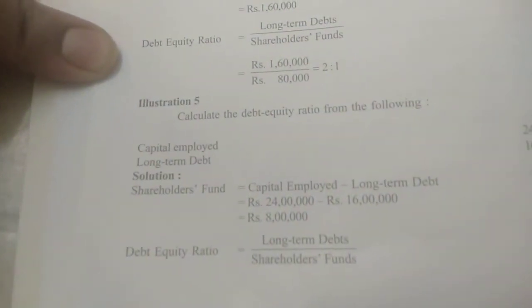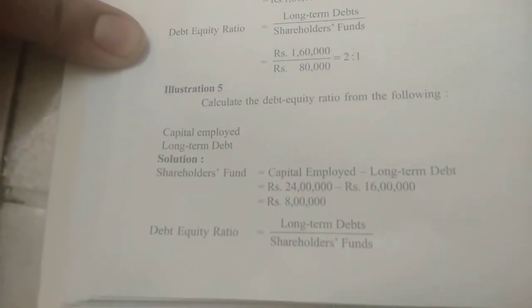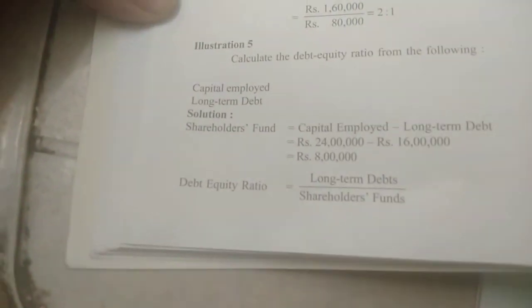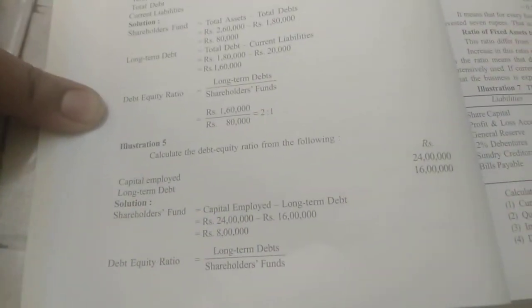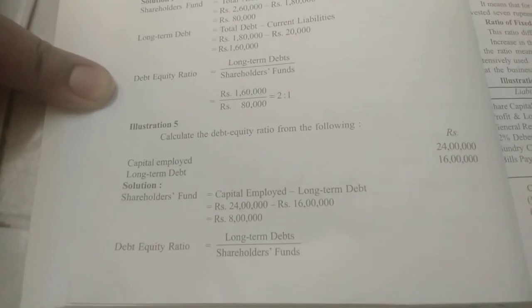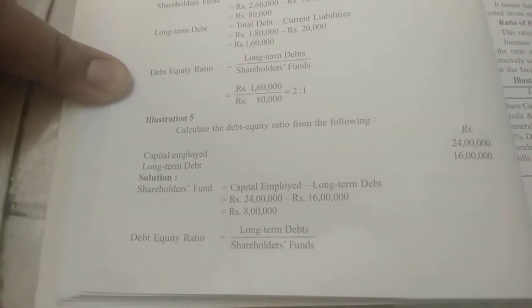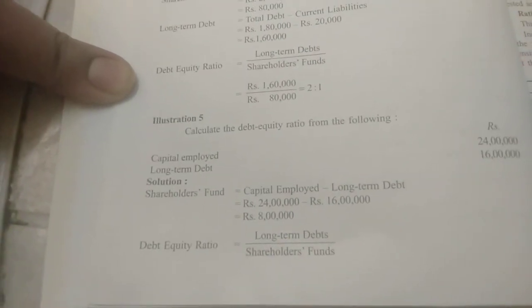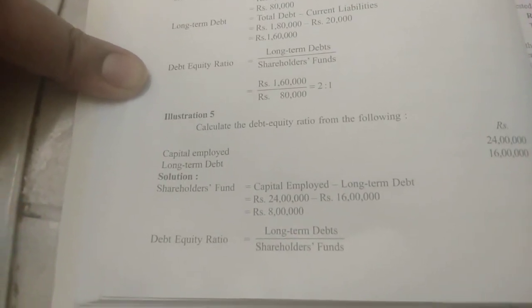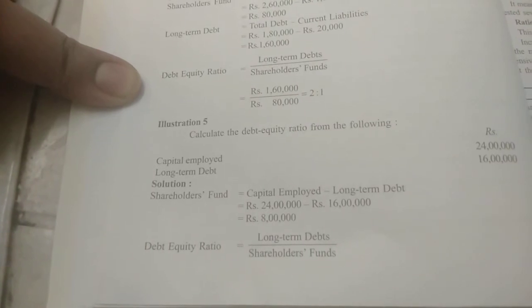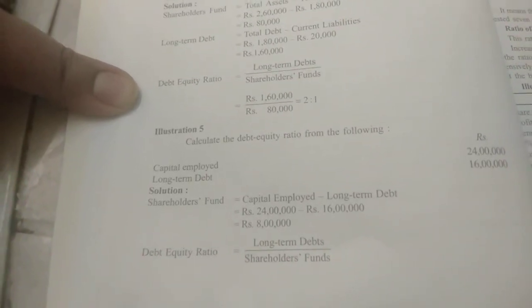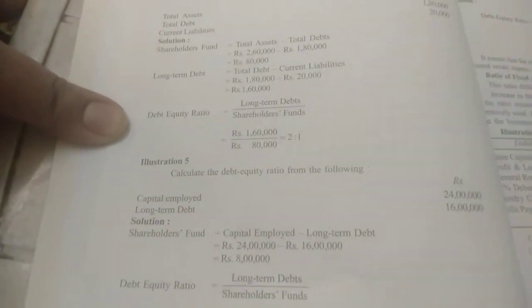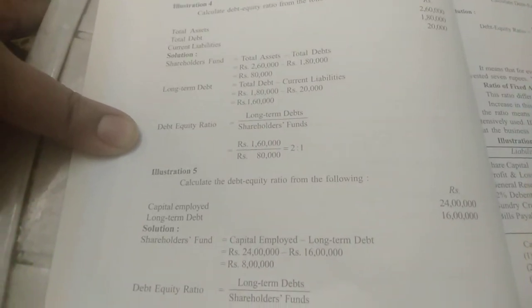Yet another numerical we have, wherein we have capital employed given, that is 2,40,000. Okay, we have long term debts. Now again we are going to calculate shareholders fund. So shareholders fund is again capital employed minus long term debts. Now in both numericals you can see I have just highlighted both the things.